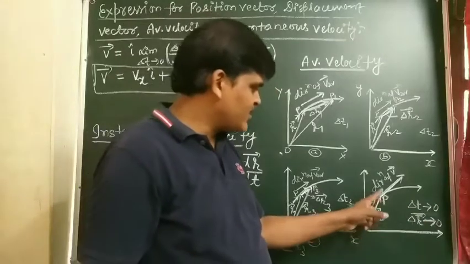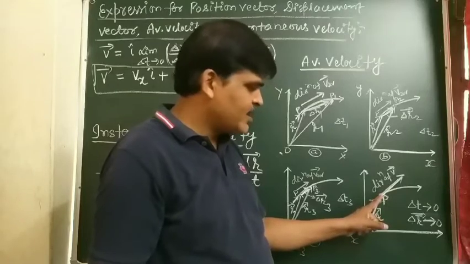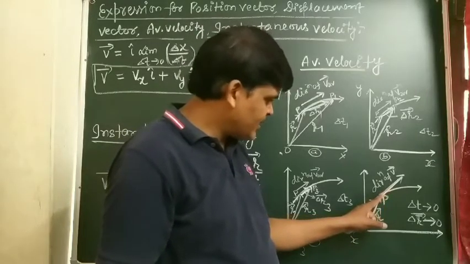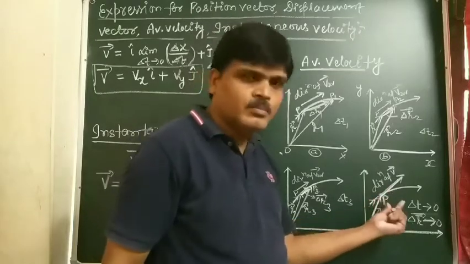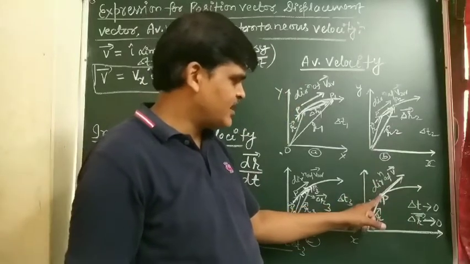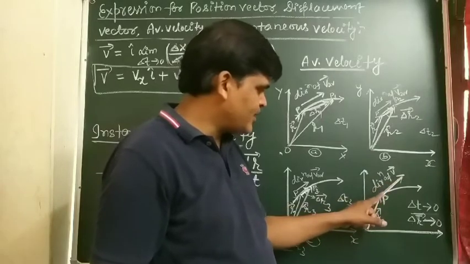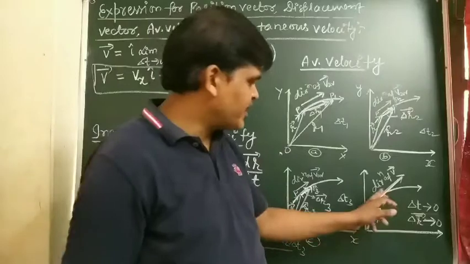So the direction of velocity at any point on the path of the object is tangential to the path at a given point in the direction of motion. So the direction of velocity at a point P is tangential at the point P in the direction of motion of the object.